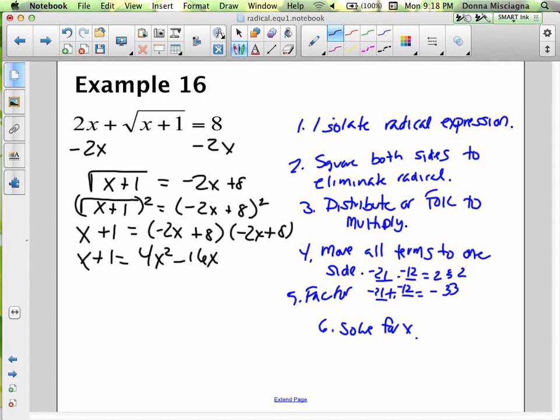The inner terms, 8 times negative 2x is a negative 16x. And the last terms, 8 times 8 is 64. Let's combine our like terms. So we have x plus 1 equals 4x squared minus 32x plus 64.